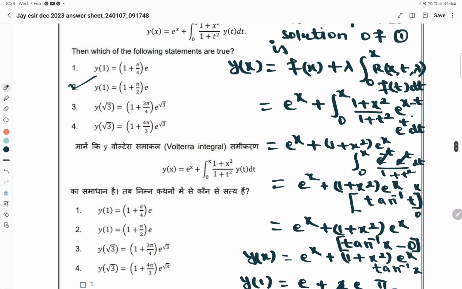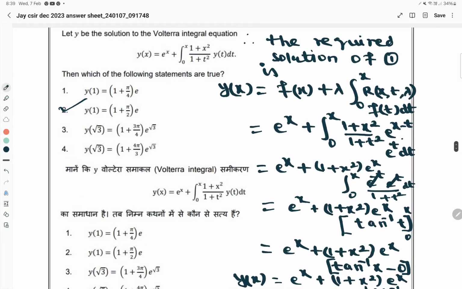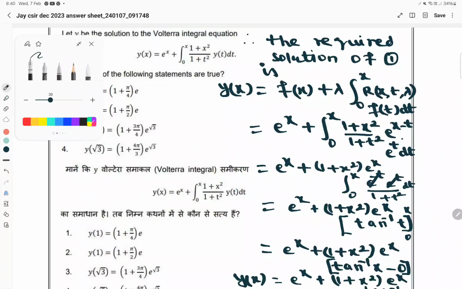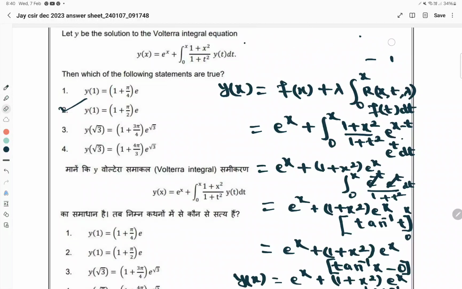Now I am going to check whether the third option is the correct one or the fourth one is the correct one. I am going to give x equal to root 3.